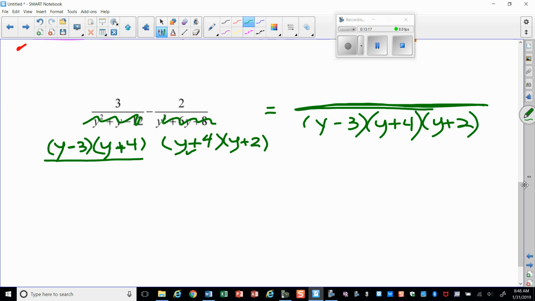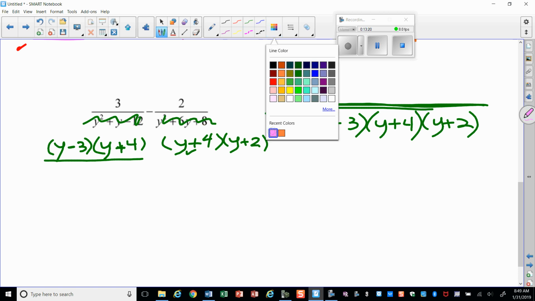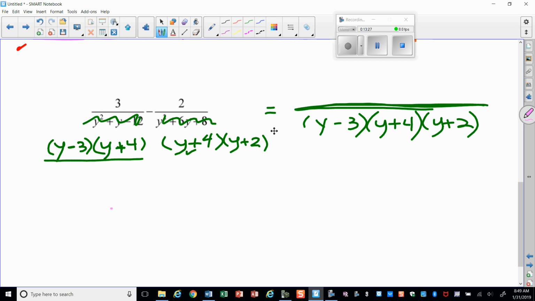Okay, so now you go back and you say, all right, I've got to have all these factors in each denominator. Okay, so I've got the y minus 3, the y plus 4, so what's missing here is the y plus 2. So I'm going to multiply the top and bottom by y plus 2. And I'm going to put it in parentheses so I don't forget to distribute. And then over here, I've got y plus 4, y plus 2, so I need a y minus 3, right, over y minus 3, in parentheses.